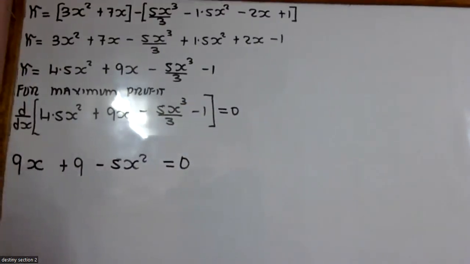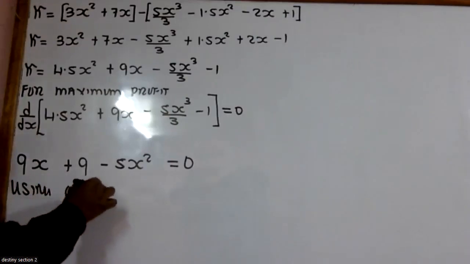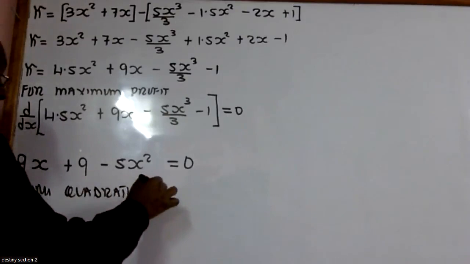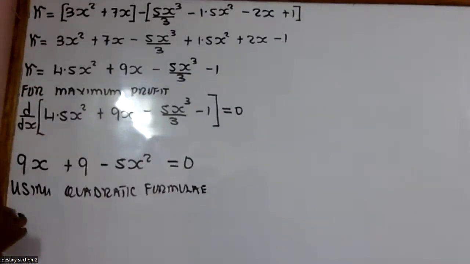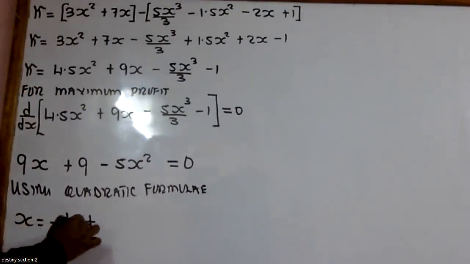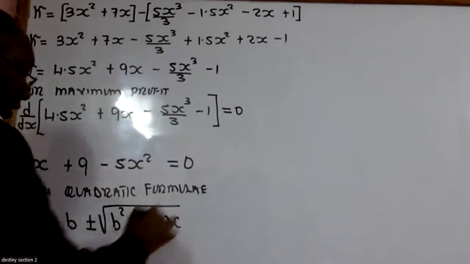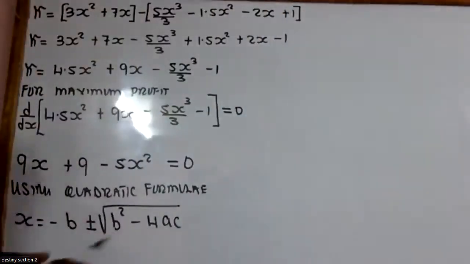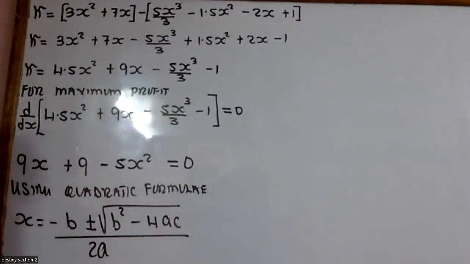So if that is equal to 0, you then say, using quadratic formula, which I believe we remember so well, we normally say that x is equal to minus b plus or minus the square root of b squared minus 4ac, divided by 2a.